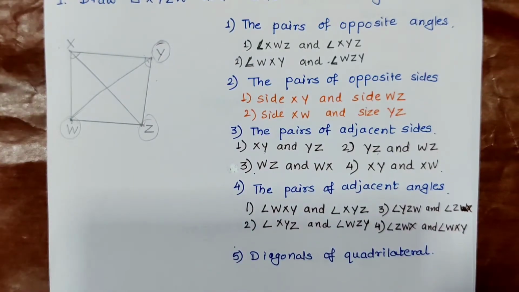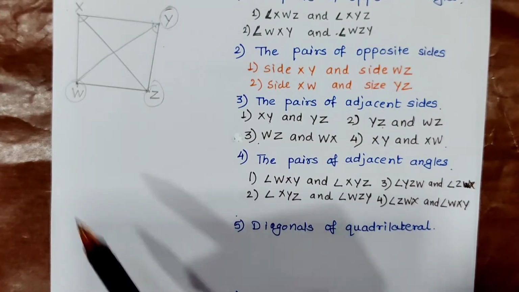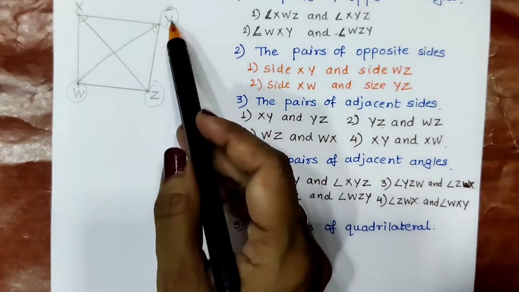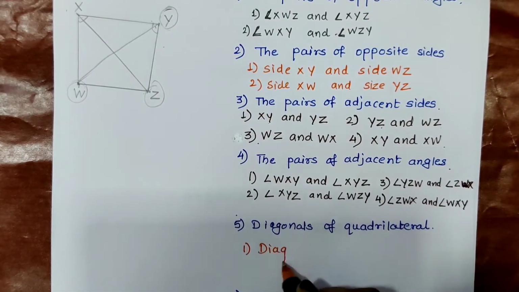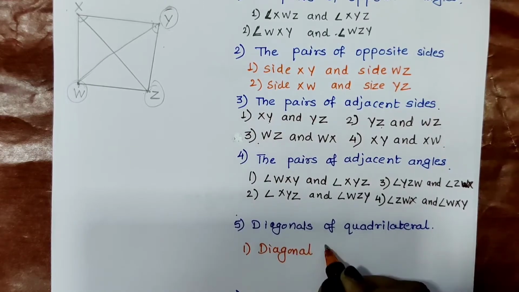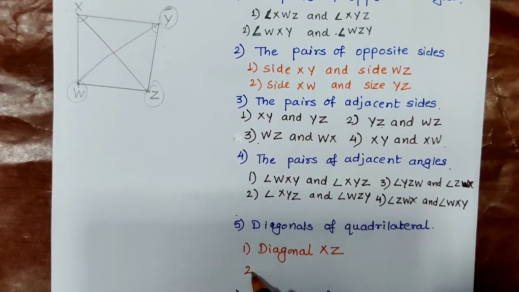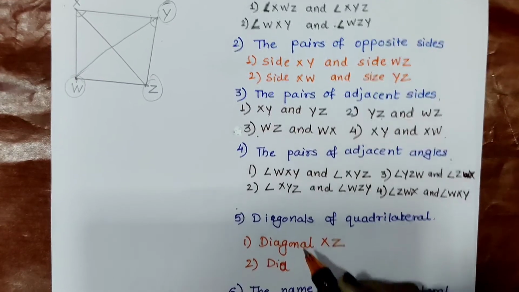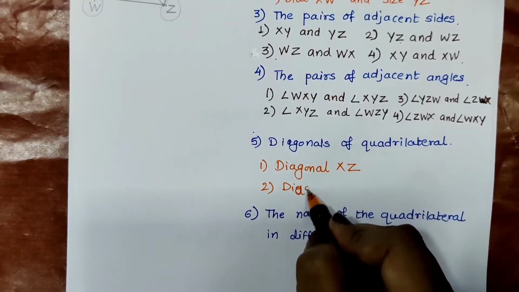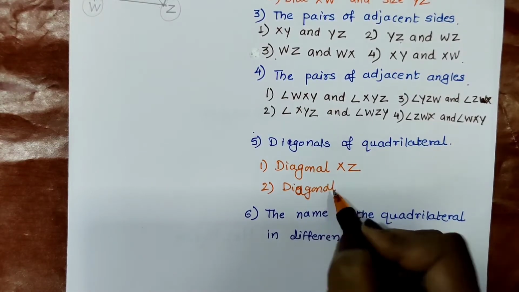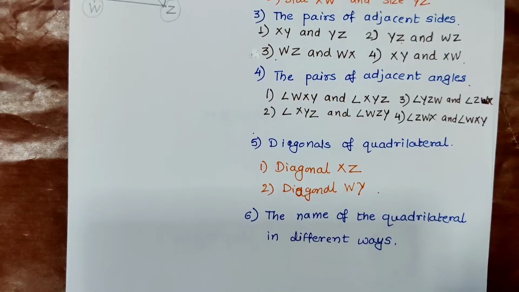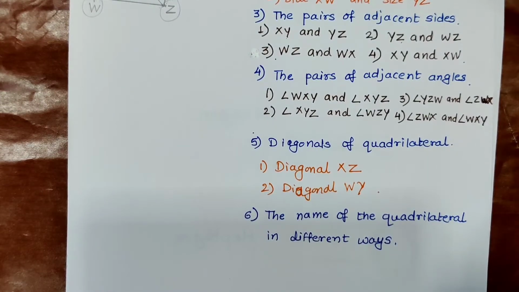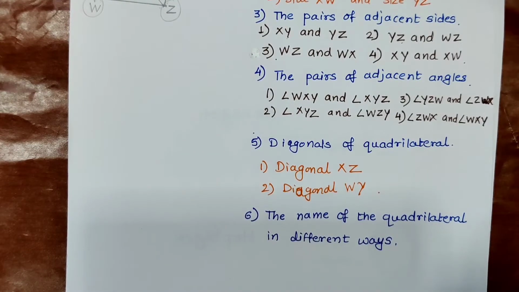Let us write two diagonals: diagonal XZ and second diagonal is diagonal WY.